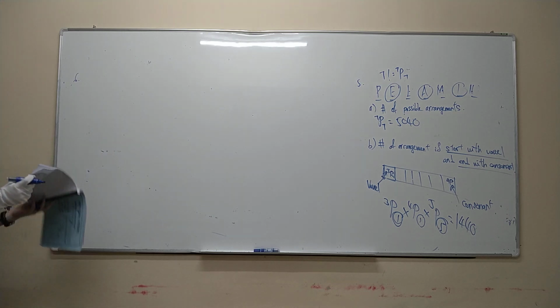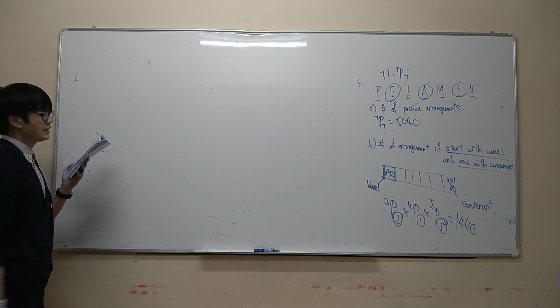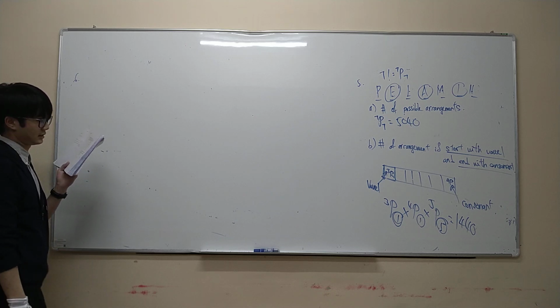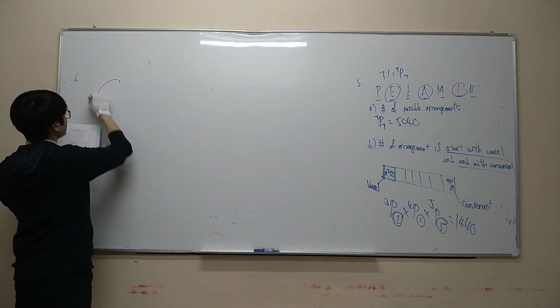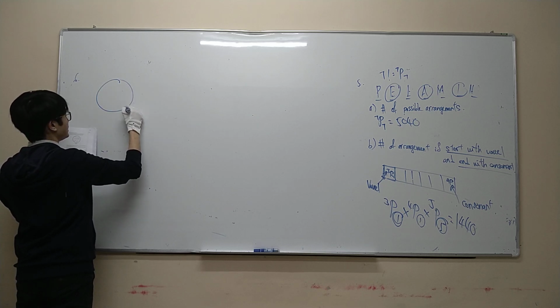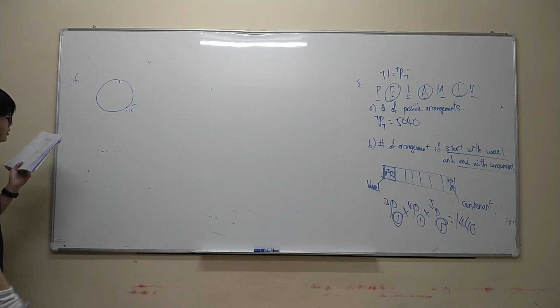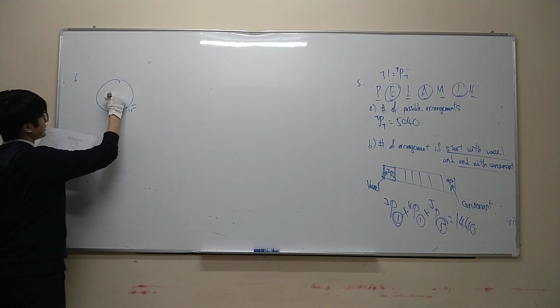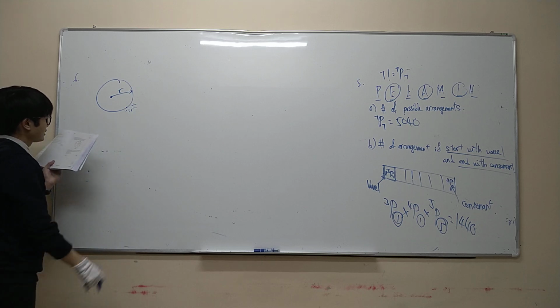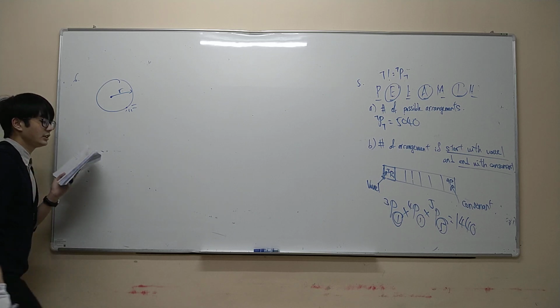Okay, number 6. What chapter is this? Differentiation, right? A spherical ball with radius r cm leaks. So I should draw a ball. Maybe there is a hole here, and then it leaks, right? The radius is r. The surface area is decreasing at the rate of 0.2 per minute.